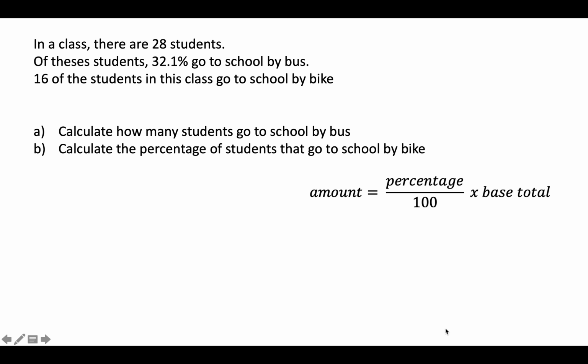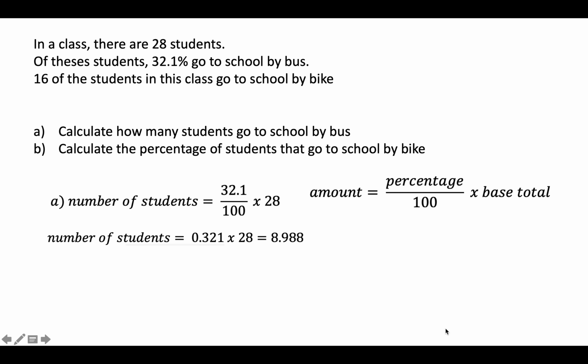So what you have to write down is what you calculate, the number of students, and how you calculate that. 32.1 divided by 100 times 28. And if you do that, you get the number of students is 0.321, the decimal number of 32.1%, times 28, you get your answer, 8.988.